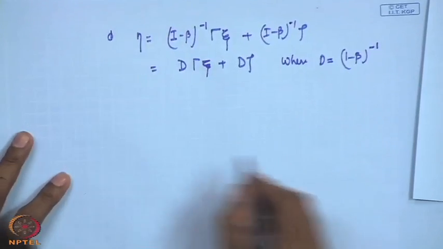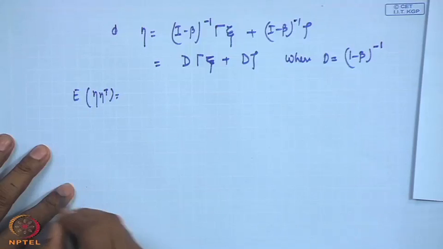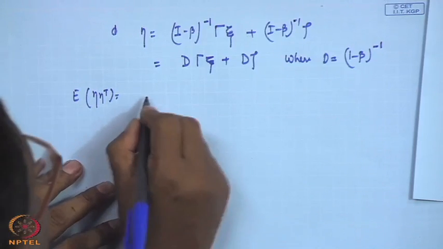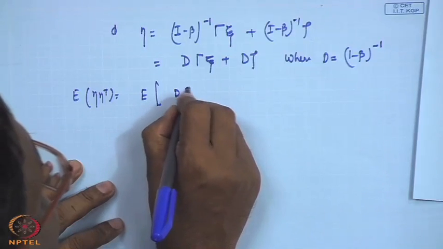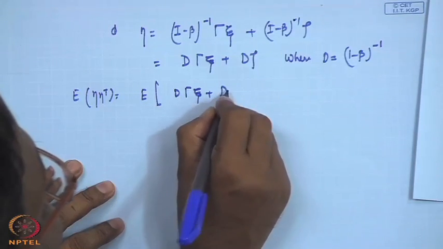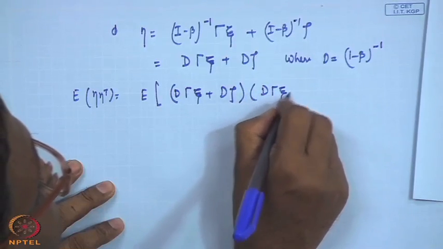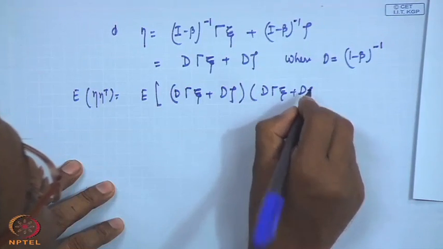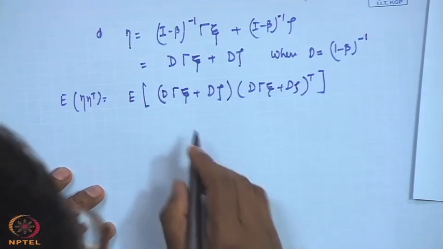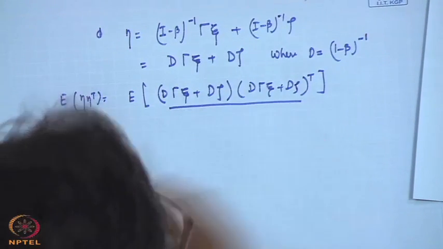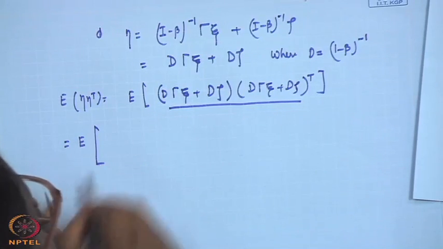You are required to first find the expected value of eta eta transpose. You can write this as the expected value of (D gamma xi plus D zeta) into (D gamma xi plus D zeta) transpose. So, this multiplication you do, you will get something like this.